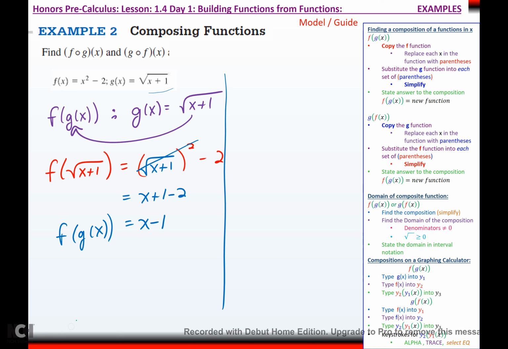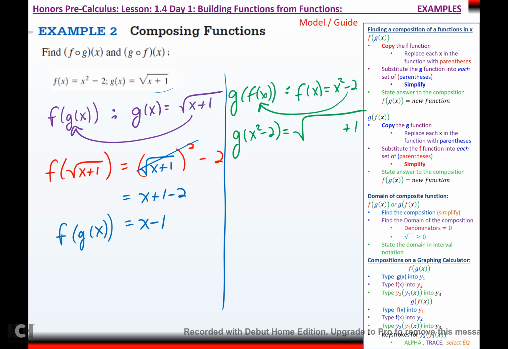Alright, so then on g of f of x, that means start with the f function, which is x squared minus 2, and take it to g. So they want me literally to take x squared minus 2 to the g function, which says the square root of whatever you brought plus 1. I brought x squared minus 2.